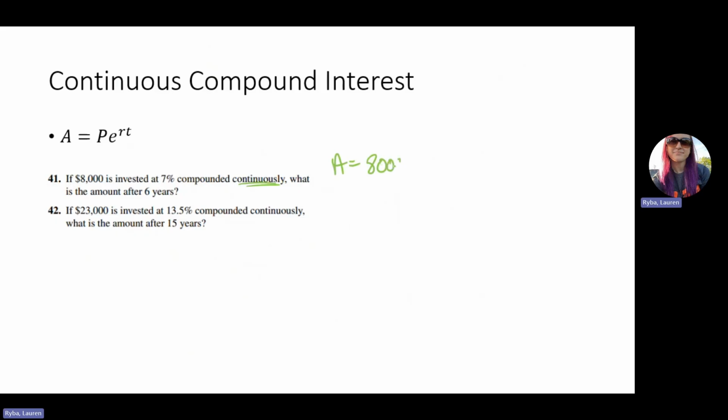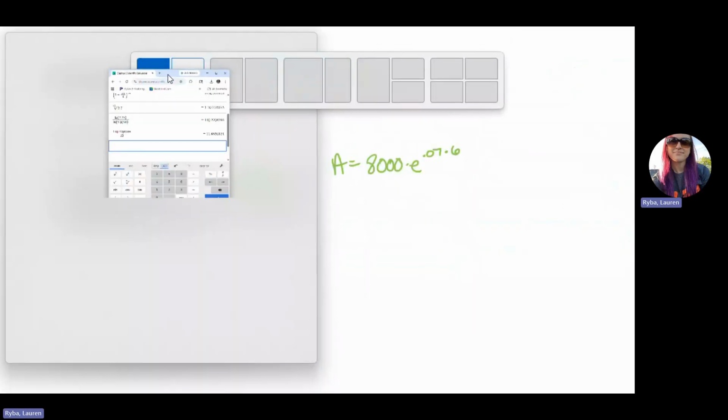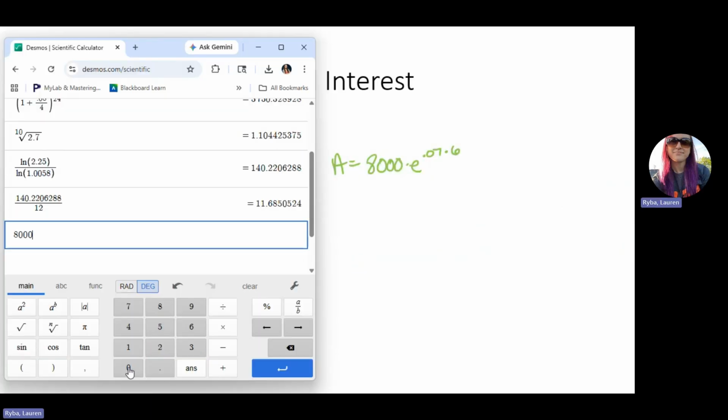I have 8,000 times E. E is just a number. R is 0.07. And then T is 6. So all I need to do is go to my basic scientific one here, 8,000.